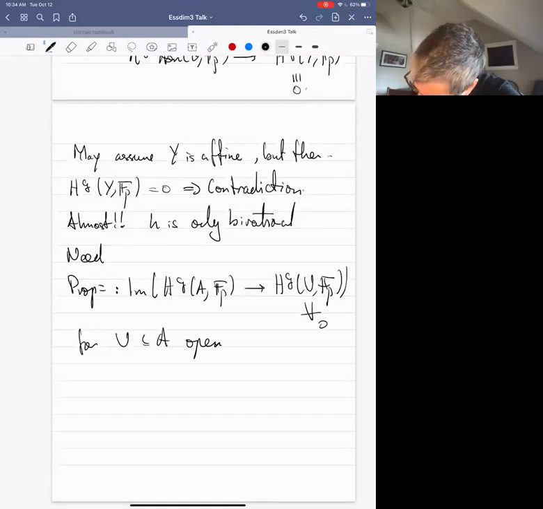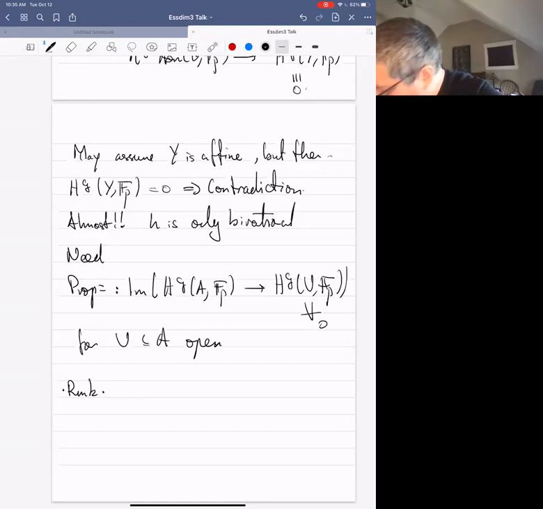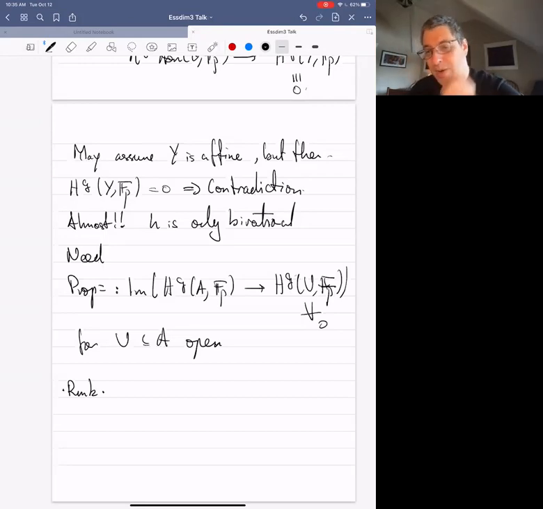So I want to make a couple of remarks about the statement. One, it's worthwhile thinking about what kind of statement this is. This is a statement about the topology of an open subset of a complex algebraic variety. But it's a little tricky, right?